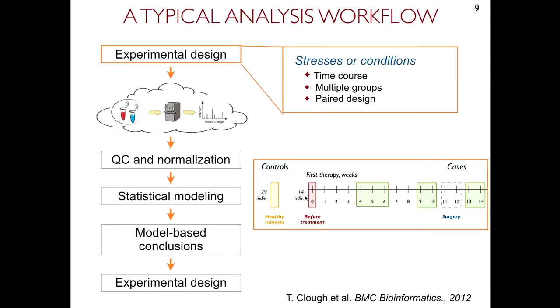But they also had plasma samples on the diseased patients, and those were profiled in time. So they had some time points before the treatment at diagnosis, then during chemotherapy, before surgery, then after surgery, and they also had later time points profiled a while after surgery.